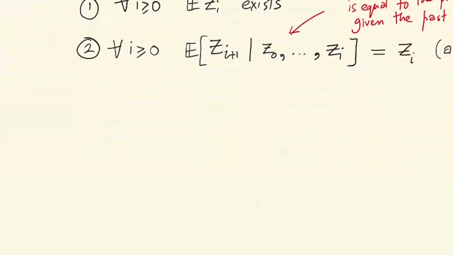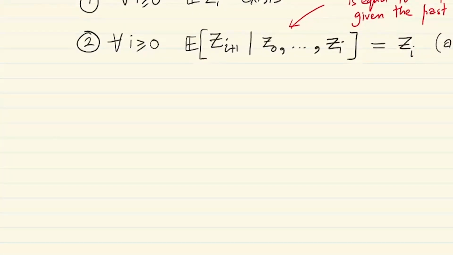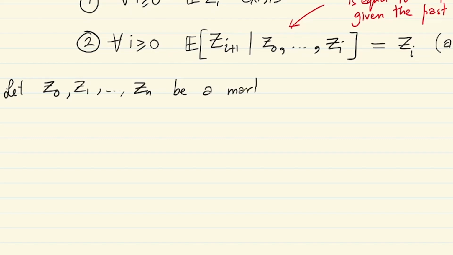Okay, so with this definition of a martingale, let's see how Azuma can be applied. So let z0, z1 all the way up to zn be a martingale, meaning that basically the conditional expectation of each of them given the previous members of the sequence is the same as the most recent one.